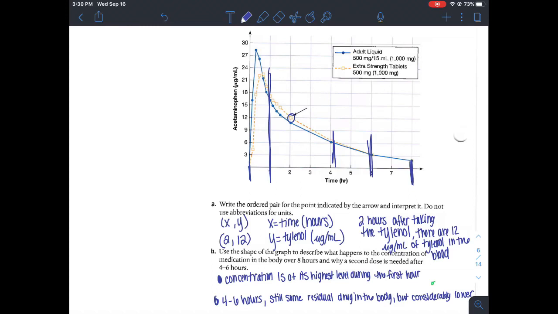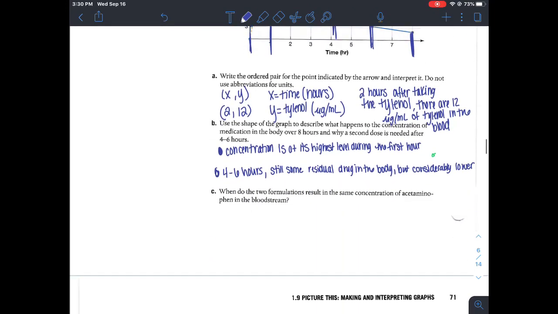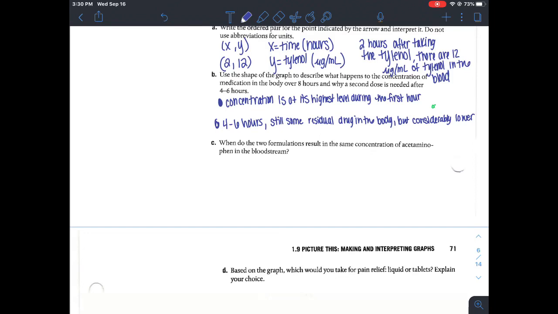So that first hour, let's say there's between 18 and 29, whatever that symbol was, 18 to 29, but at hour 4 to 6, there's between 6 and 3 in the body. So a lot lower. So that's why they recommend to take that second dose 4 to 6 hours later, just to keep that painkiller going.